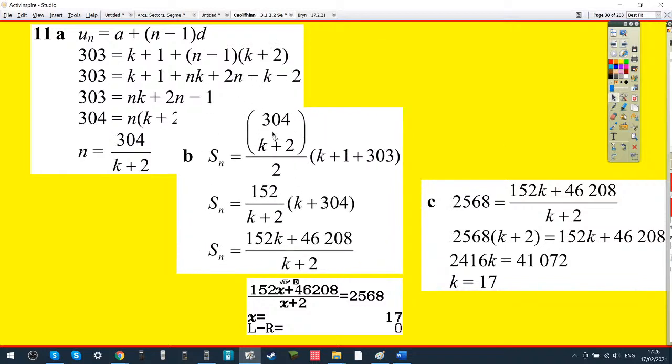So wherever there was an n, they replaced it with 304 over k plus 2. So instead of n over 2, it's 304 over k plus 2 over 2. They have cheated. They snaked me. And they mostly just went straight to the answer after that. Yeah, they did the first plus last thing.